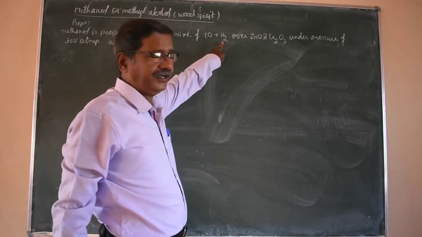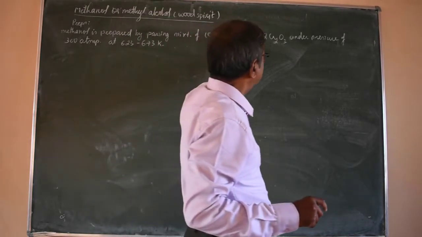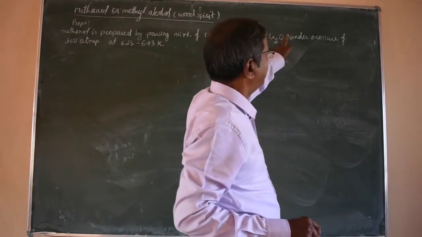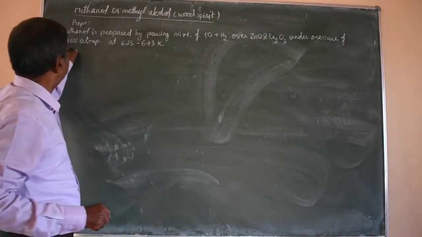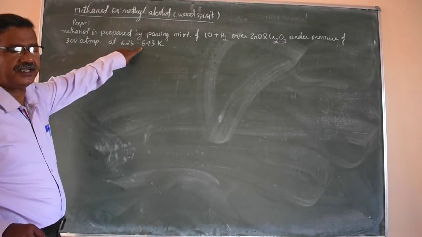It is also called water gas. Over ZnO and Cr2O3 under pressure of 300 atmosphere at 623 to 673 Kelvin.